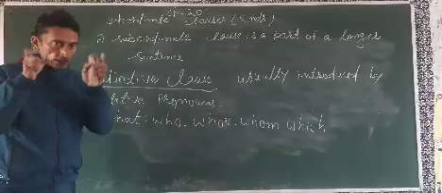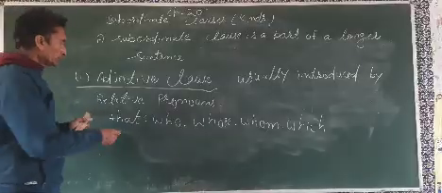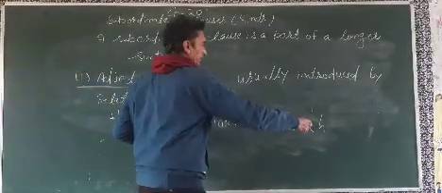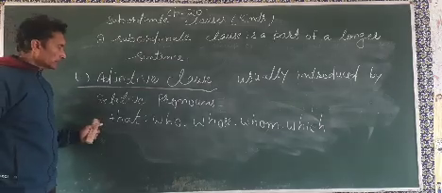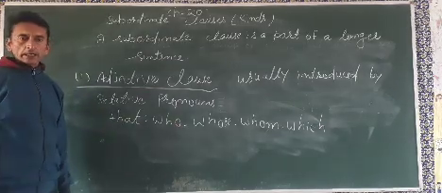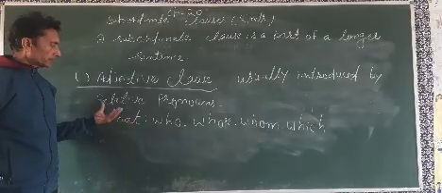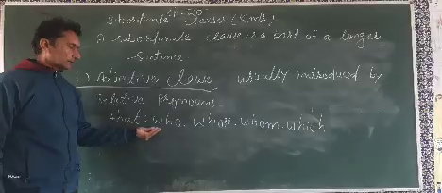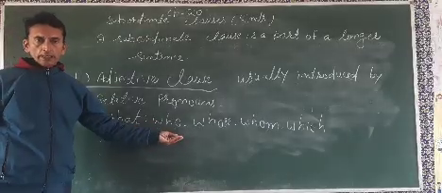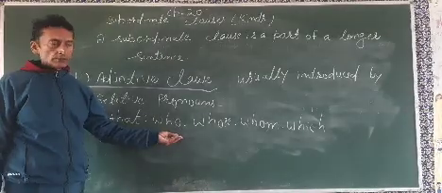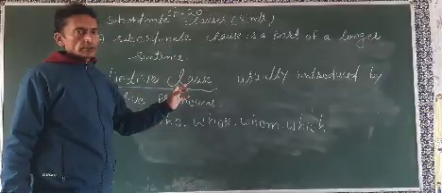Okay, so an adjective clause may be introduced by these relative pronouns. So a subordinate clause will begin with these relative pronouns. So you can easily identify in the sentence which clause is introduced by these words, by relative pronouns. So we can understand. So let me tell you an example of adjective clause.